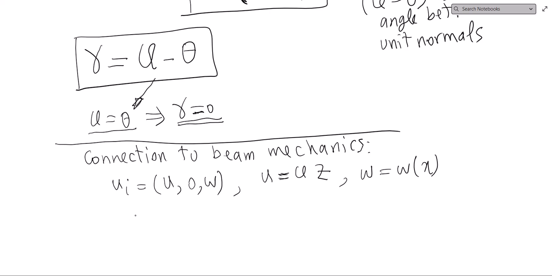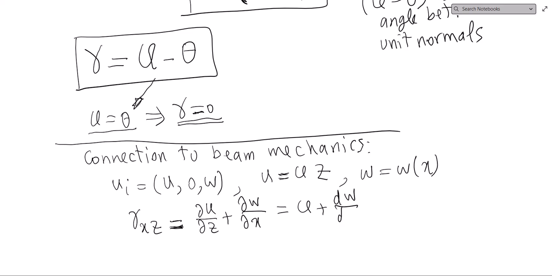Now, if I come and calculate gamma xz, the shear strain component, it is du/dz plus dw/dx, where du/dz is phi, and dw/dx is dw/dx, because w is only a function of x.